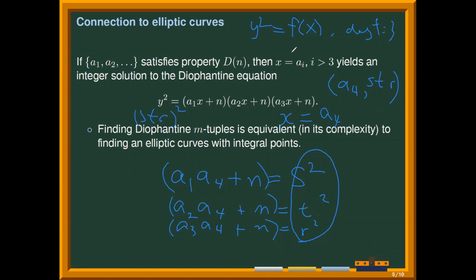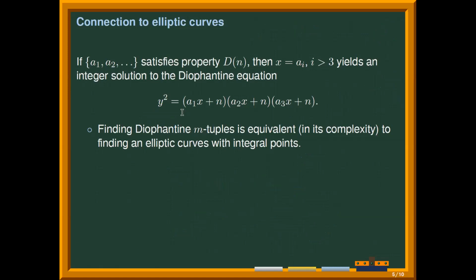If you know Siegel's theorem, what's known is that the number of integer points on an elliptic curve is finite. Because of this finiteness, if you have Diophantine m-tuples, you can get integral points on the elliptic curve. And also, if you find all integral points on the elliptic curve, because there are finitely many of them, you can filter out Diophantine m-tuples. Yes, Watts?